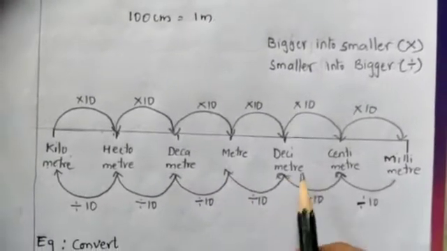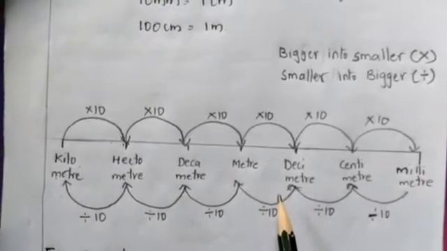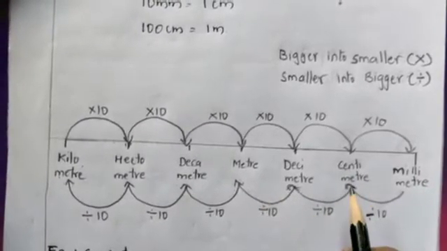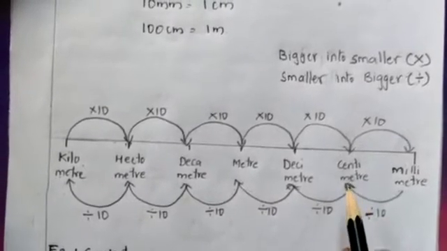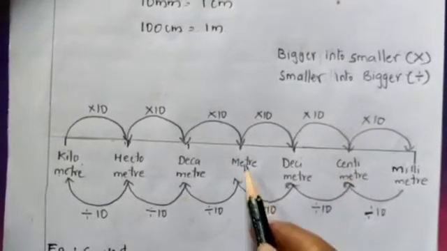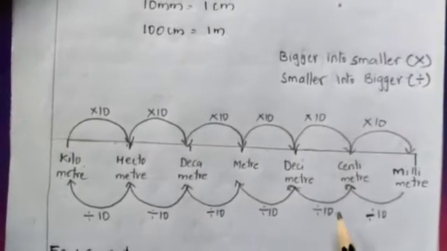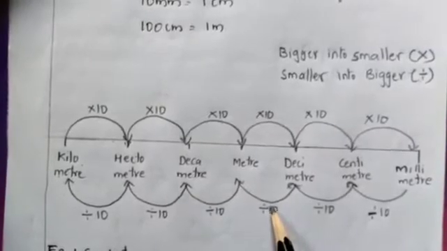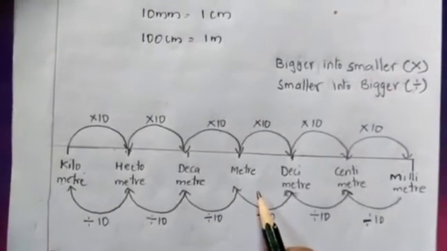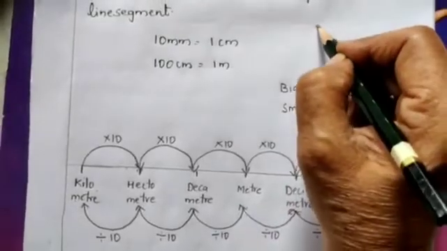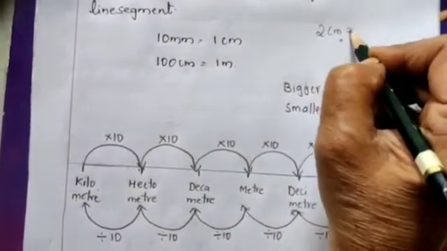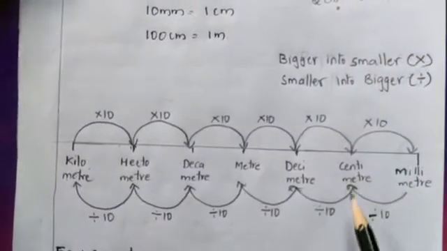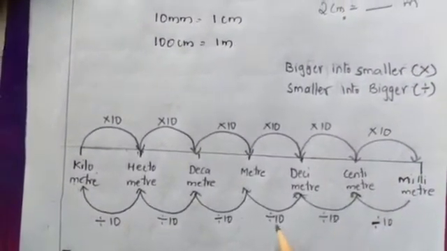Suppose you are converting centimeter to meter. Centimeter to meter, so what will you do here? You will divide. Centimeter to meter, 2 steps are there. So how much do you have to divide? 100. So 2 centimeter is equal to how many meters?